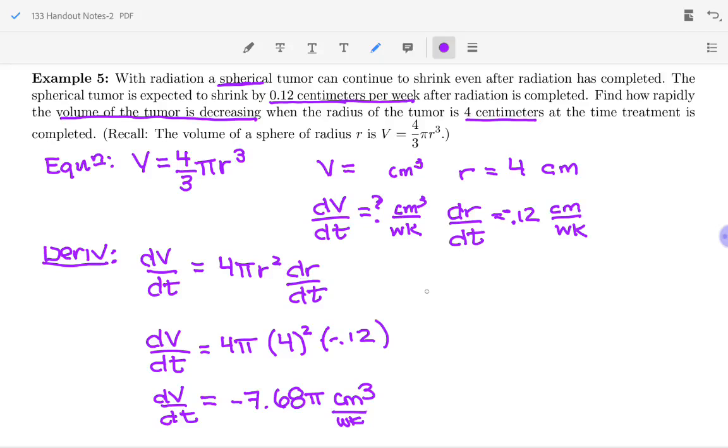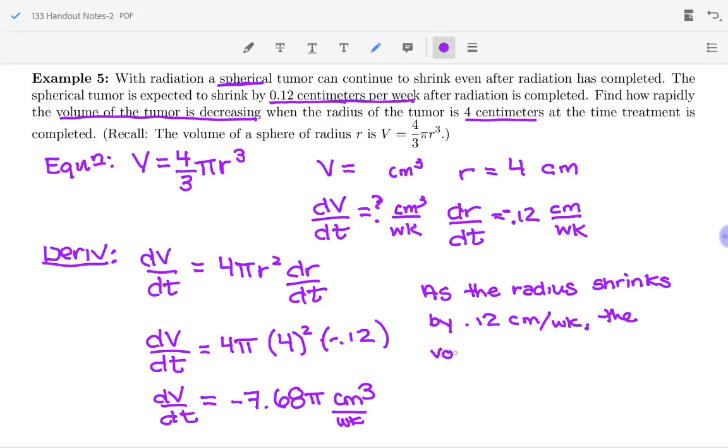So first start with what we're given. So as the radius says what? Increases or decreases? It says it's shrinking. So you could say shrink or decrease. So maybe use shrink because it's specific to this problem. As the radius shrinks by 0.12 centimeters per week, the volume does what?